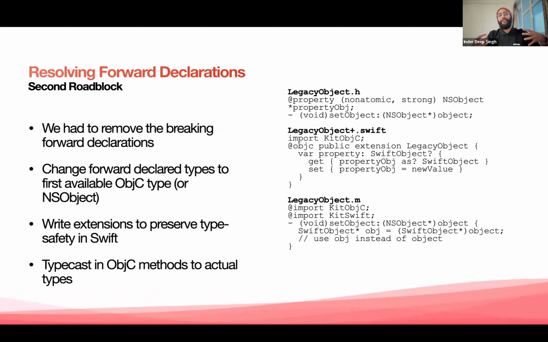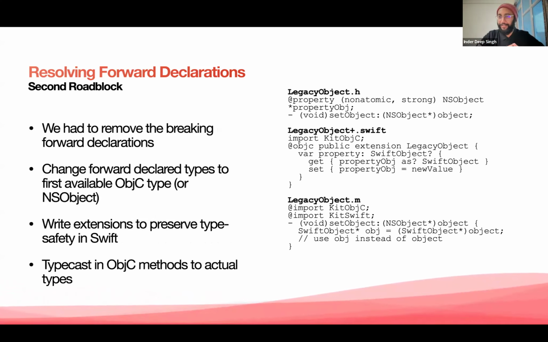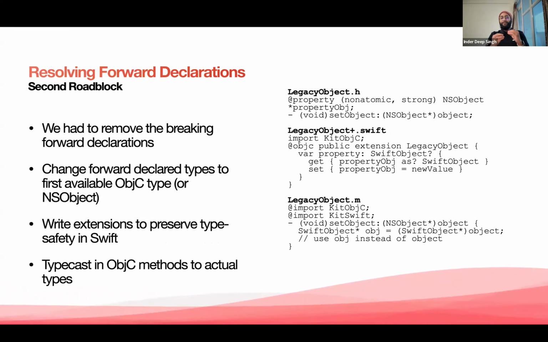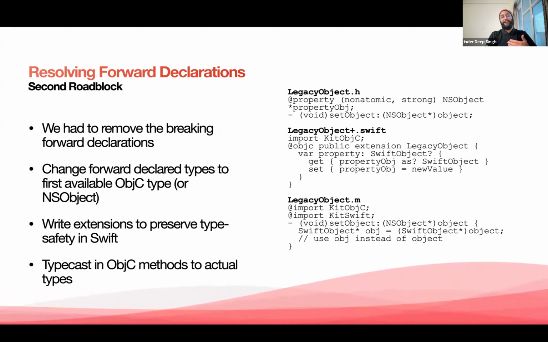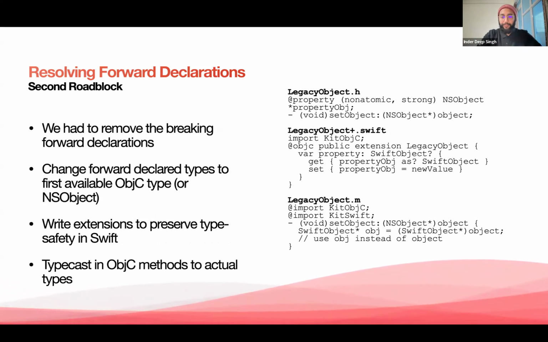So to get rid of this issue, we had to completely let go of these breaking forward declarations. To do it, we had to lose some sort of type safety. But this is a sacrifice we thought we would be okay making because the upsides were that big.